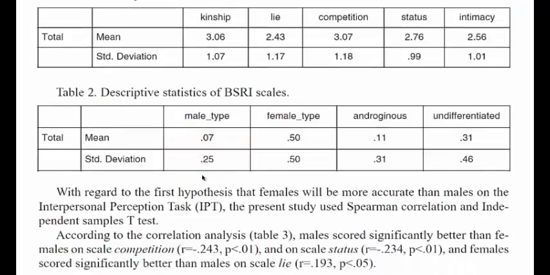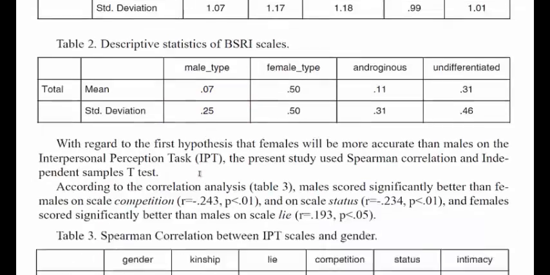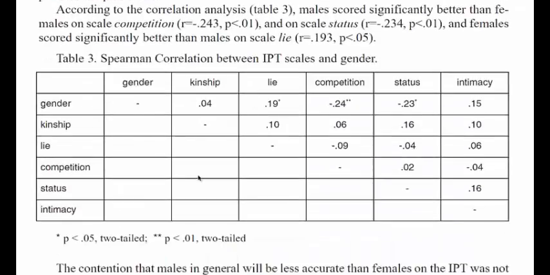Question 5. Table 3 shows various correlations. Describe in detail the relationship between competition and gender. So we see here competition and gender shows a negative 0.24, and we see these asterisks, which means it's statistically significant. It's actually statistically significant, if I can say it, at the 0.01 level, so it's even a tighter statistical significance.